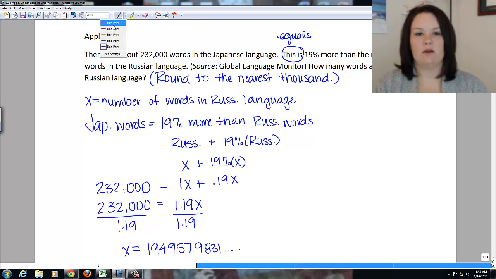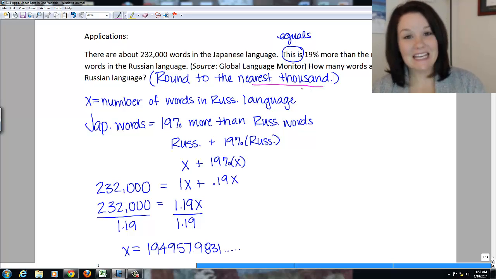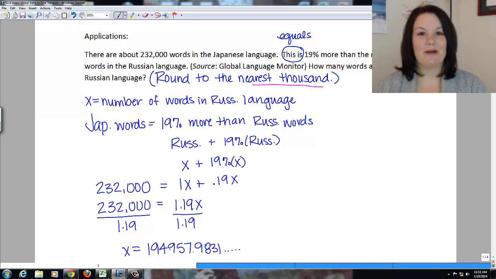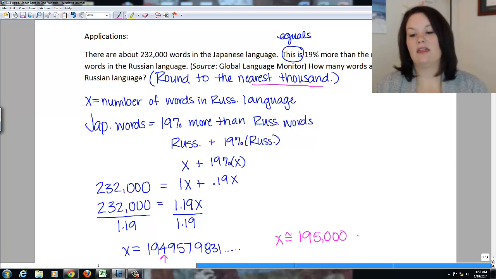So anytime we say round to the nearest thousand, I go to where my thousand is, which is the 4th number here, and then the number behind my 4 is a 9, so that's going to round it up. So that means that we have approximately 195,000 words in the Russian language.